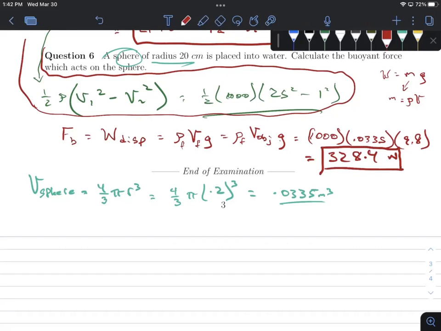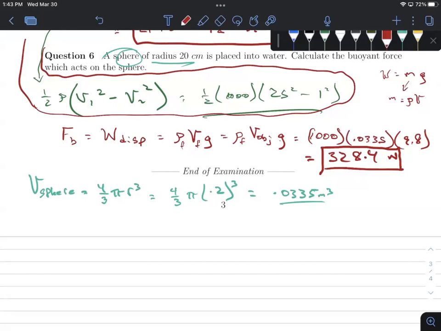Because remember, what makes something float or sink is whether the buoyant force can overcome the weight of the object. If the buoyant force is more than the weight, then of course the object will float because there's more force pushing up than there is pushing down. If the object weighs more than the buoyant force can handle, then even though the buoyant force is trying to lift up, it's not enough, so the object will sink down to the bottom.